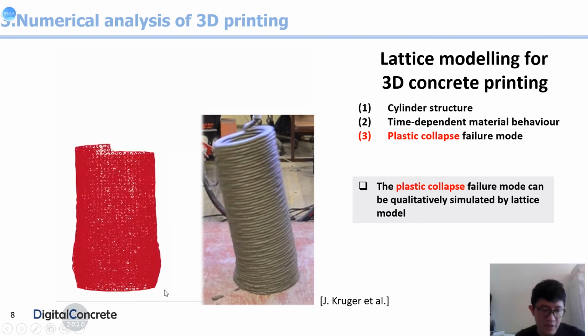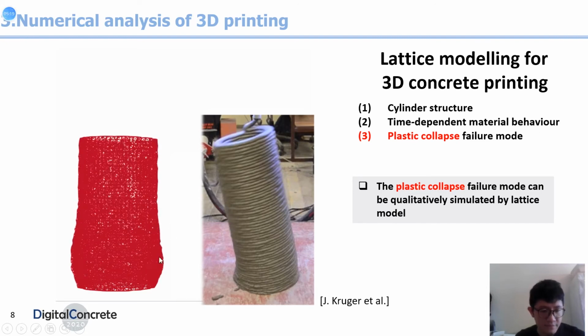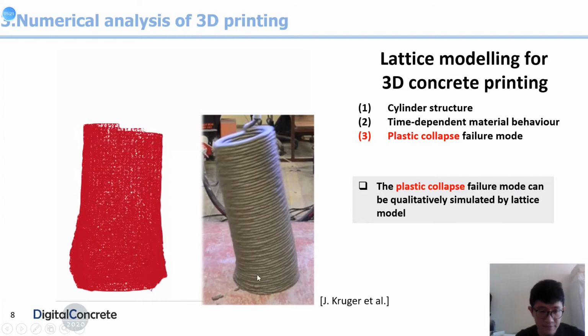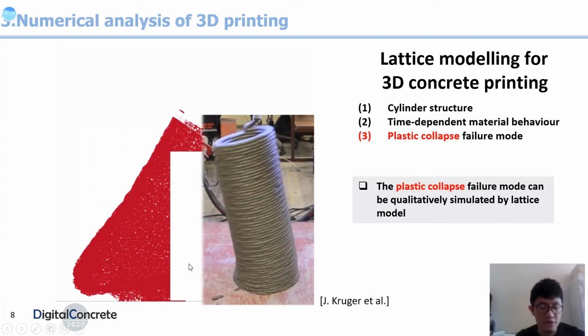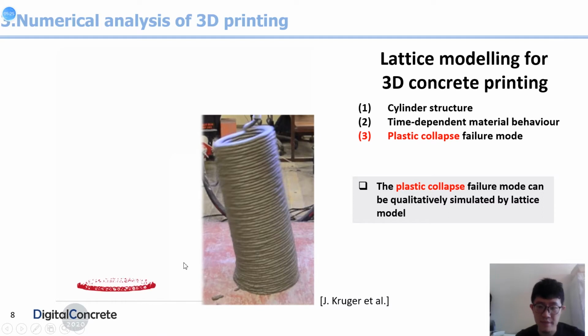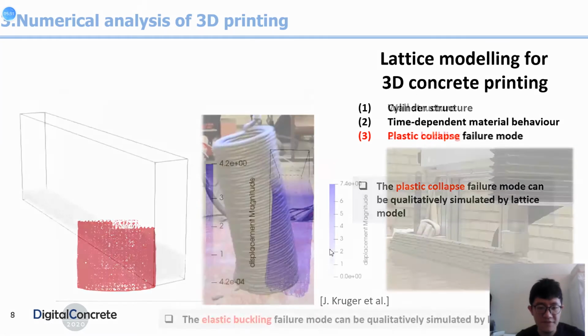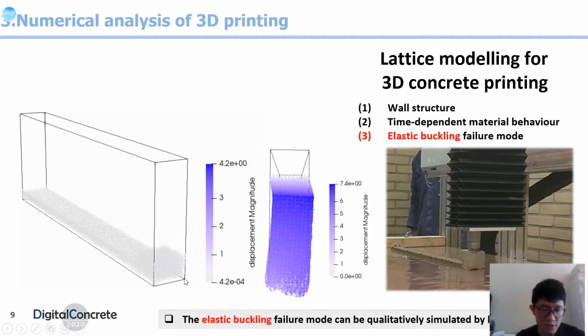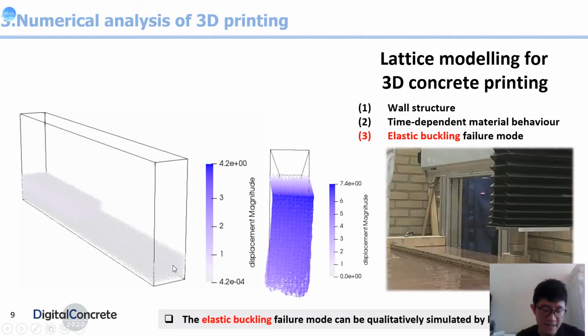Then the system eventually failed, just like this. Yeah, it's really close to the experimental data. It means the lattice model has the capacity to reproduce plastic collapse. After that, we choose the wall structure for the simulation of the elastic buckling.